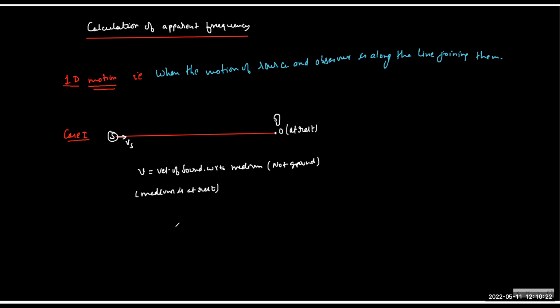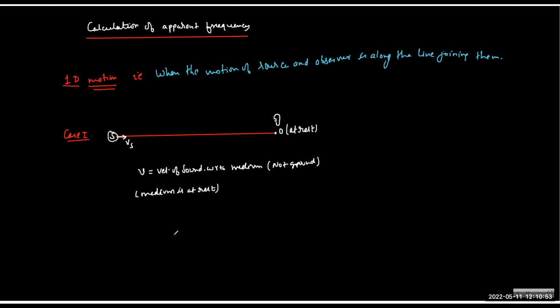So we don't take the ground at all. We take the medium. The medium may be at rest, may be in motion. That's a different thing altogether. When you say wind, wind is nothing but the motion of the medium. So if there is a wind velocity, it means the medium is in motion. If the wind is towards the listener, the medium will come to you, so the sound will reach you faster.